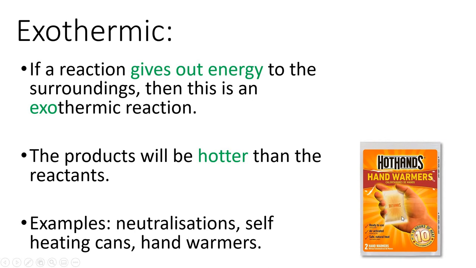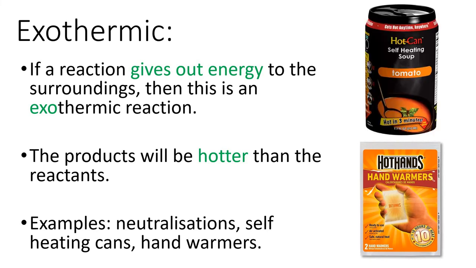So where you click a little button inside them and they start to heat up. That's because the chemical reaction inside them gives out heat. Yeah, so your hands will be warmer after the reaction has happened because that reaction has given out heat. And also self-heating soup.